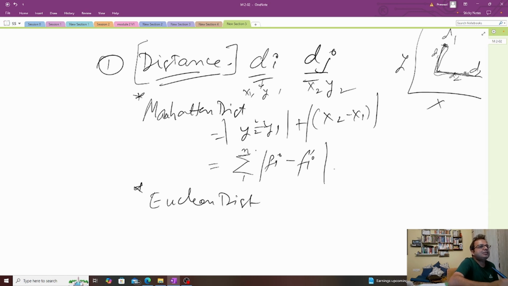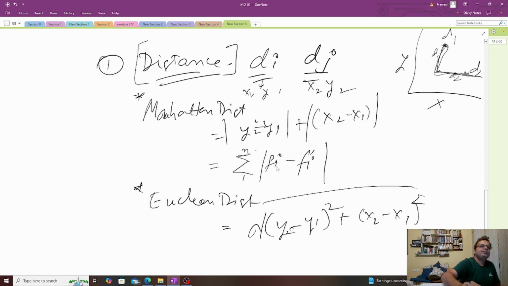The second distance is called the Euclidean distance, where instead of just taking the absolute values and summing that, we try to find the difference between their coordinates and we square them, and then we take the square root. So in this particular example, the distance between these 2 points here is going to be the Euclidean distance.